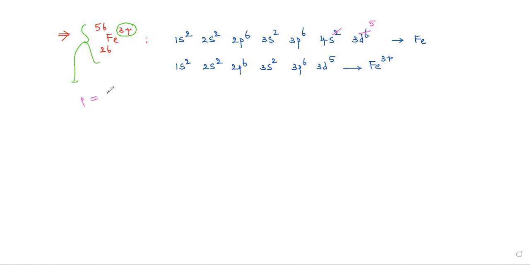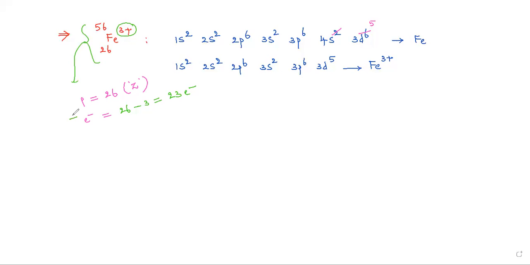Come on, the number of protons, of course, is equal to the atomic number. Clearly visible. Of course, the number of electrons is also equal to the atomic number, but only in case of neutral species. Now, this is not a neutral species. You got something which is charged, not a neutral one. So in case of charged species, let me make it a little more special. Come on, write down 26, and the plus 3 refers to the fact that it has lost 3 electrons.